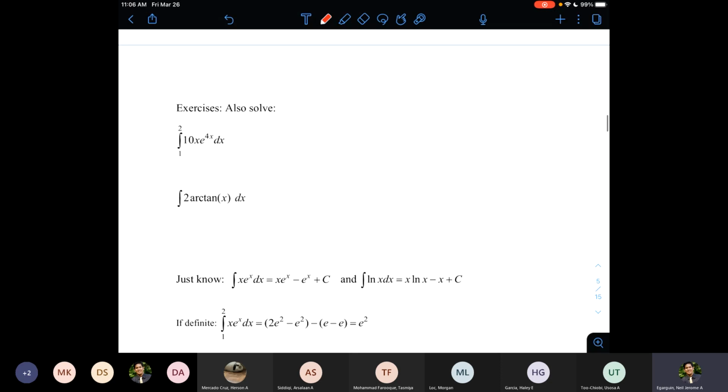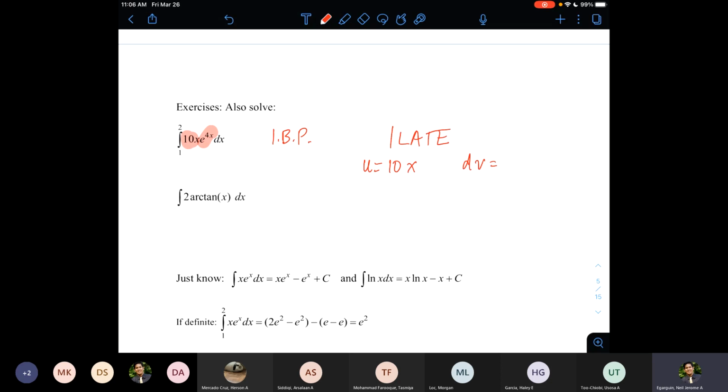Okay. Now this is also IBP. Again, it is a product of 10x and e to the 4x following ILATE. Our choice for u would be the algebraic function, and it's fine because it will essentially be equal to 0 after a couple of differentiations, and then your dv would be e to the 4x dx, which is easily integrable.